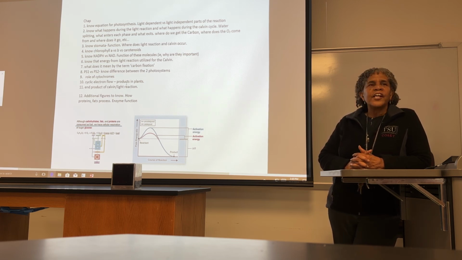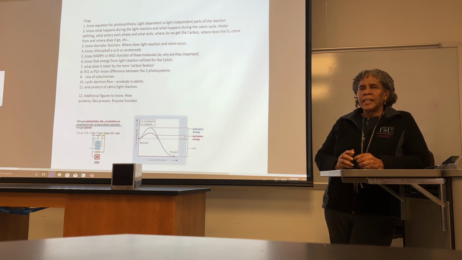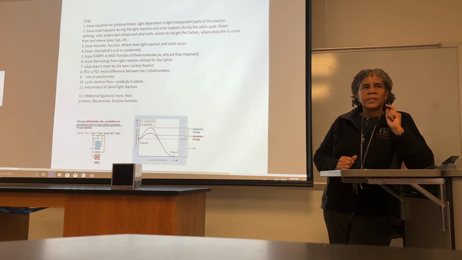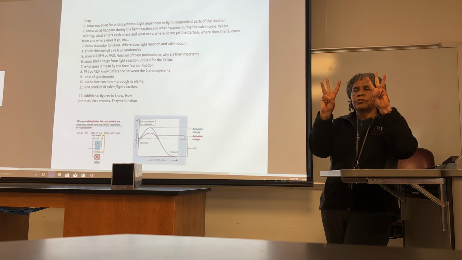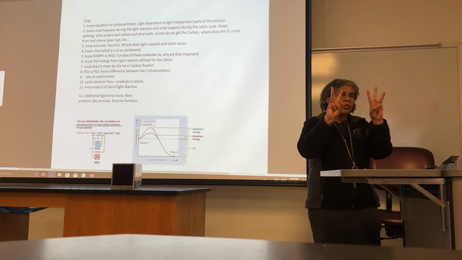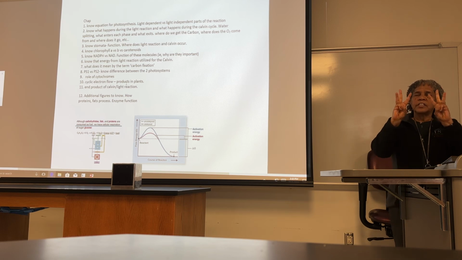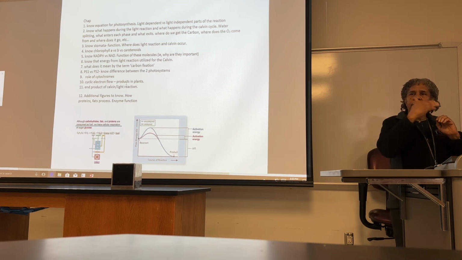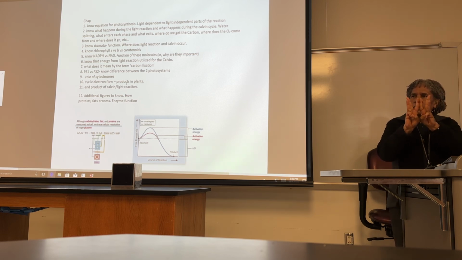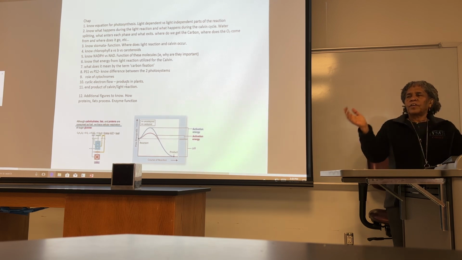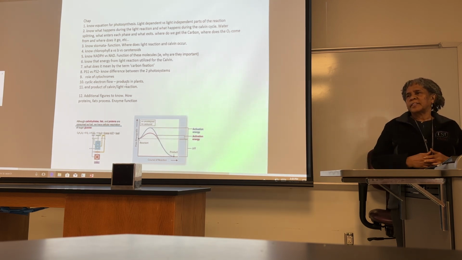Glucose is made later. At the end of the Calvin cycle, it's glyceraldehyde 3-phosphate, and two of those get together to make a 6-carbon glucose or whatever, however large, and all that stuff. Are y'all with me?